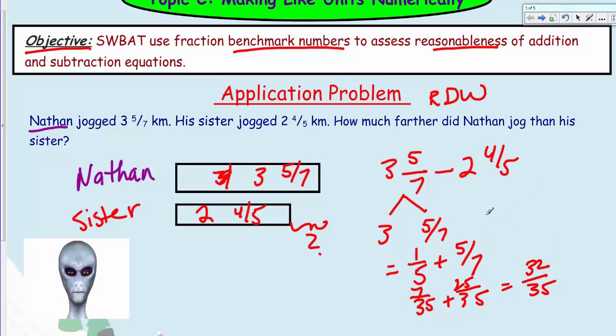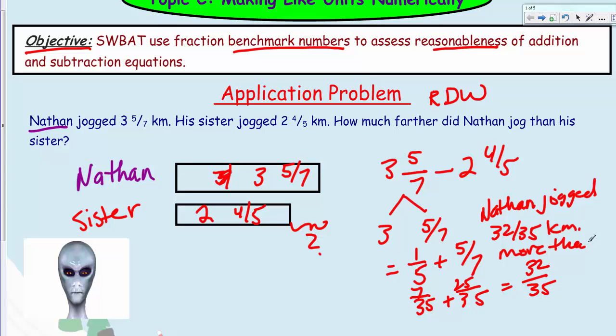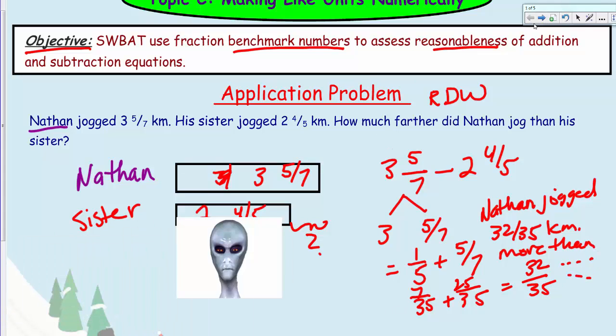So in this case, we're going to put that Nathan jogged 32 over 35 kilometer more than his sister. I see that I'm running out of room there. Let's go to the next slide.